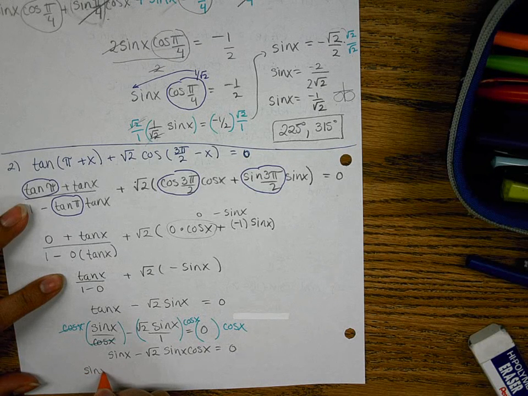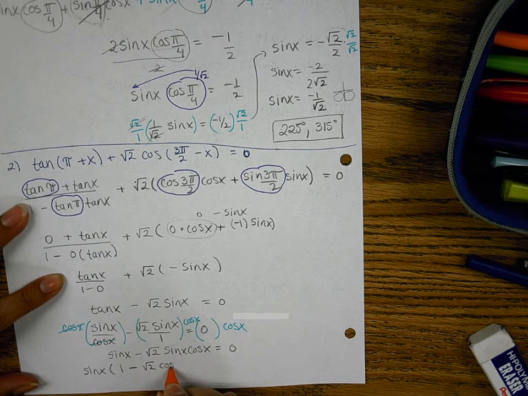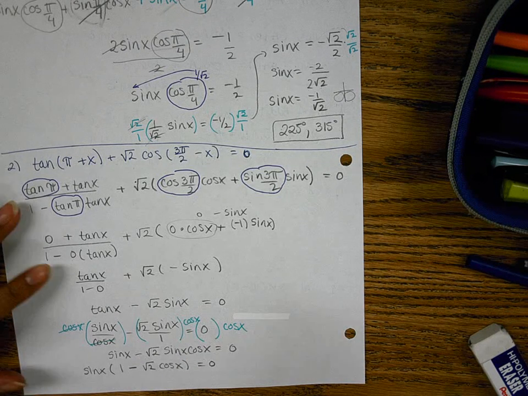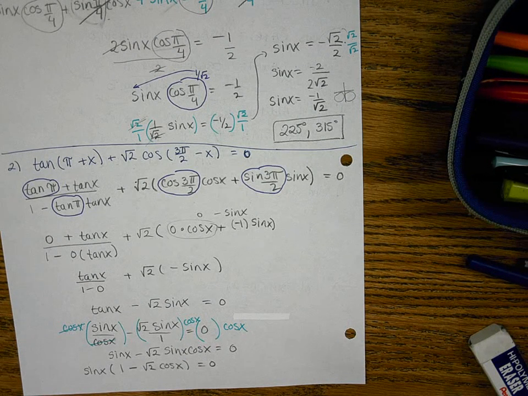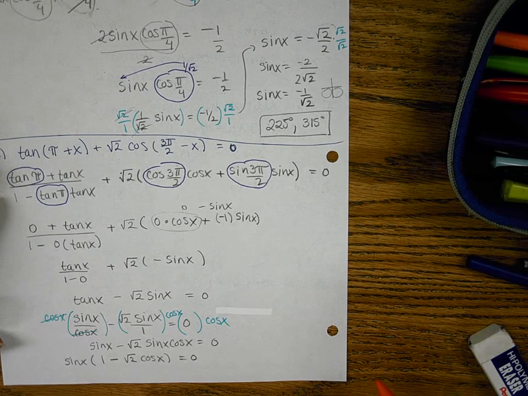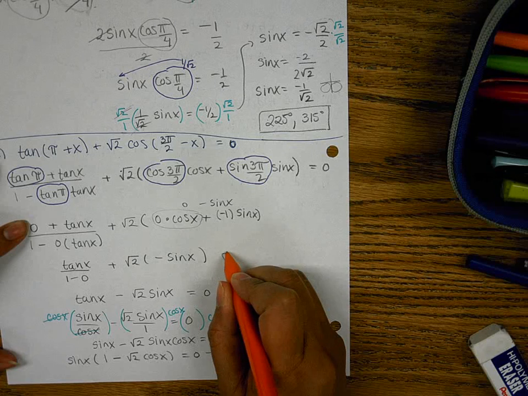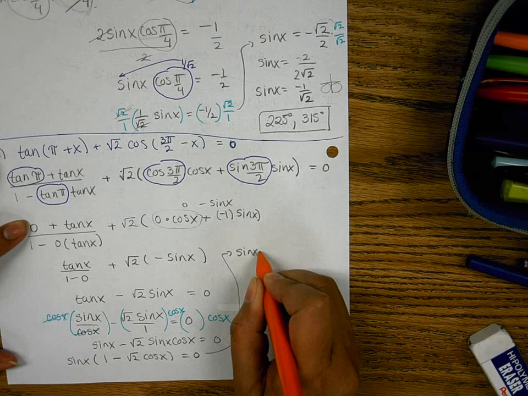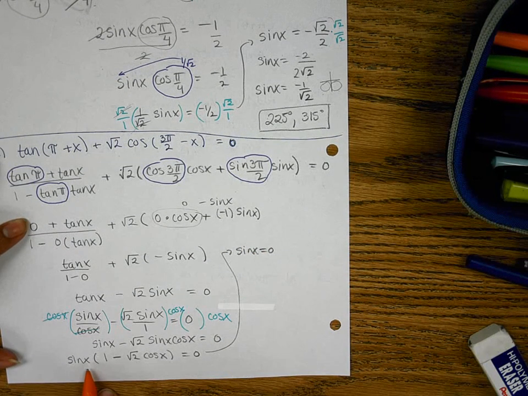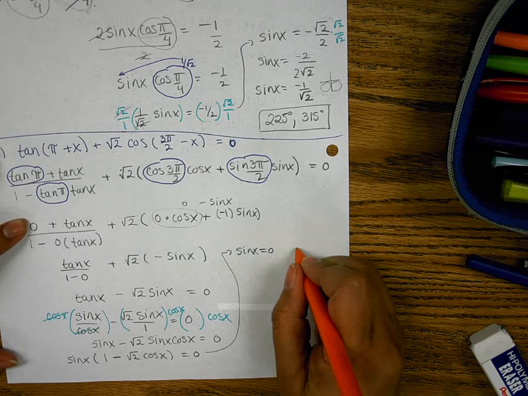Sine of x, parentheses, 1 minus √2 cosine x equals 0. And now we're able to use the zero product property. I'm going to go ahead and move it over here. Sine of x equals 0, so that's out here already factored.